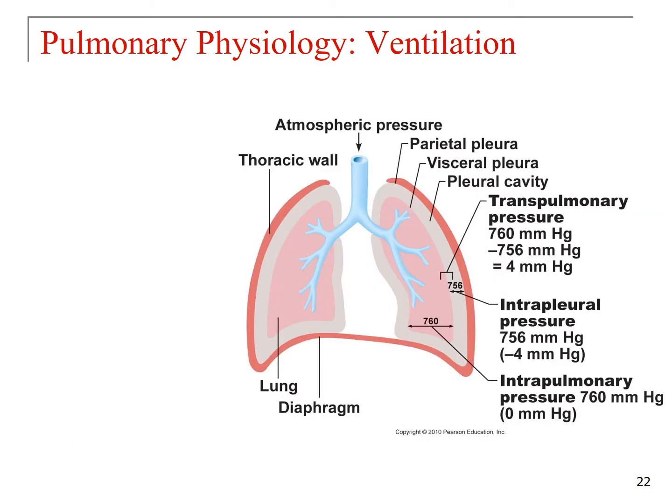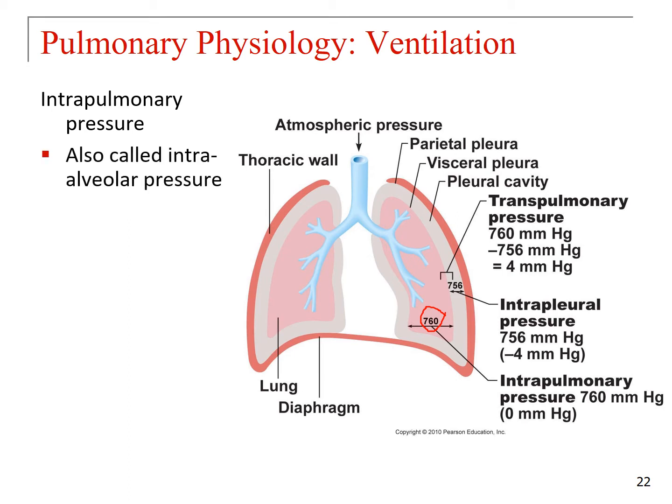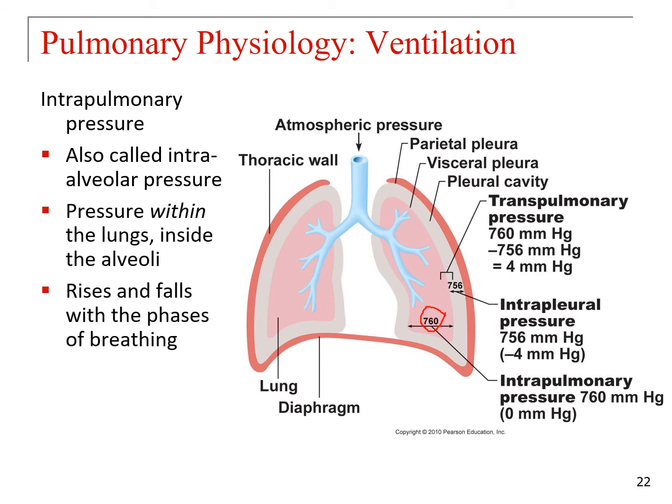So let's take a look at this. We're going to look at a number of different types of pressure. The first is intrapulmonary pressure. You can see the value right here. Intrapulmonary pressure is the pressure within the lungs themselves. It sometimes also gets called intra-alveolar pressure, so again, pressure within the lungs inside the alveoli.